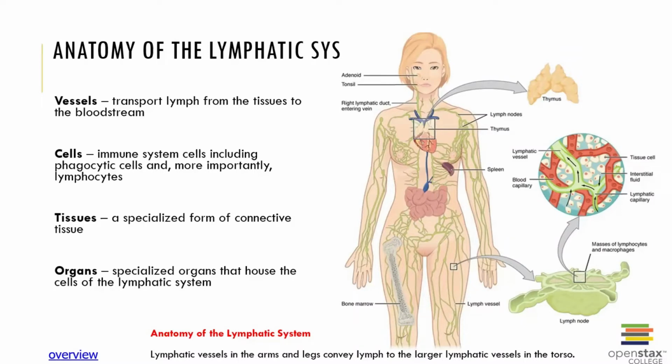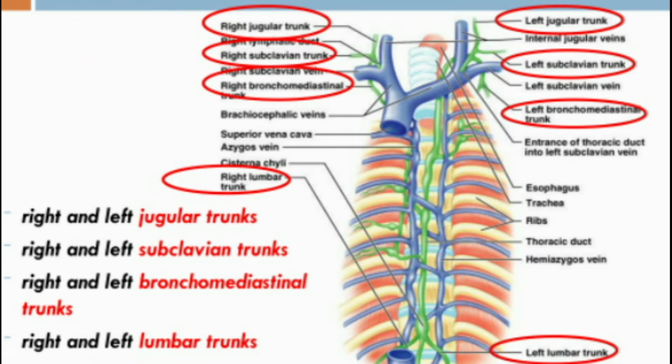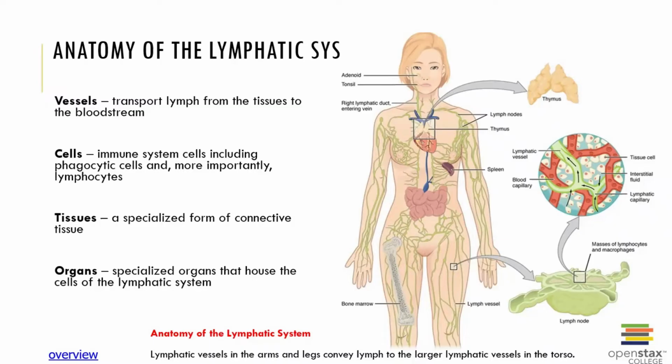Then also as part of the lymphatic structure, we have the lymph collecting vessels as well. We have lymph trunks, and those trunks include the jugular, the subclavian, the bronchomediastinal, and the lumbar. So basically, what are trunks? They're lymph collecting vessels that converge to form larger vessels. And basically they're named after the body areas that they drain. And then finally, as far as the vessels go, we have what we call the lymph ducts.